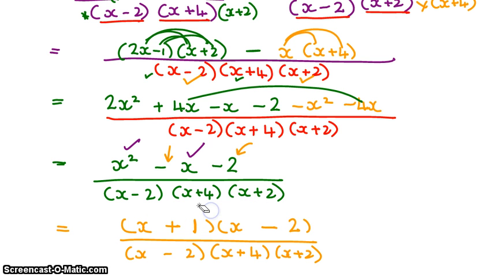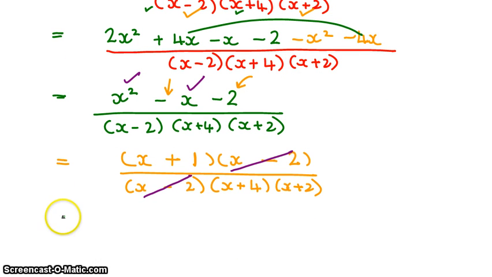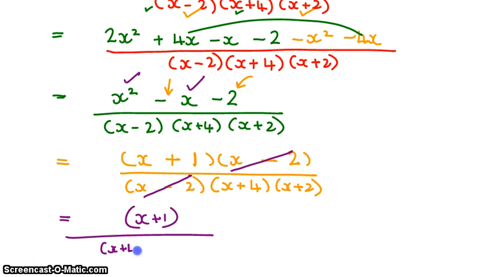So that is indeed correct. Now, in this particular example, it doesn't often happen, but absolutely this was essential because I could see that an x minus 2 could cancel. So in fact, this does simplify to x plus 1 over x plus 4, x plus 2. So don't fall into the trap of not going further from that step there.